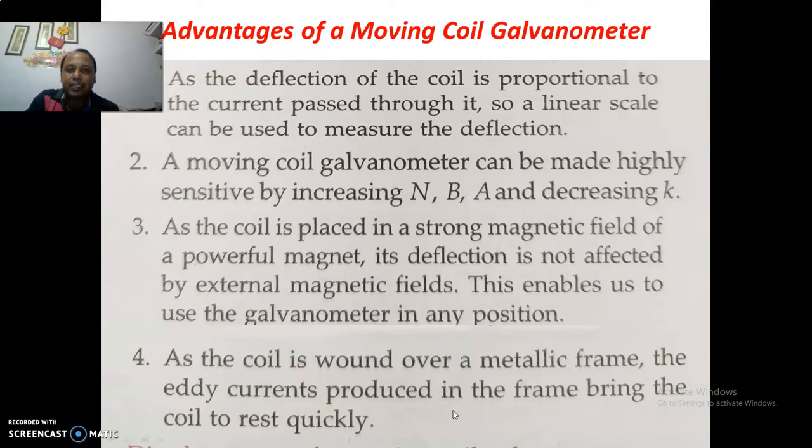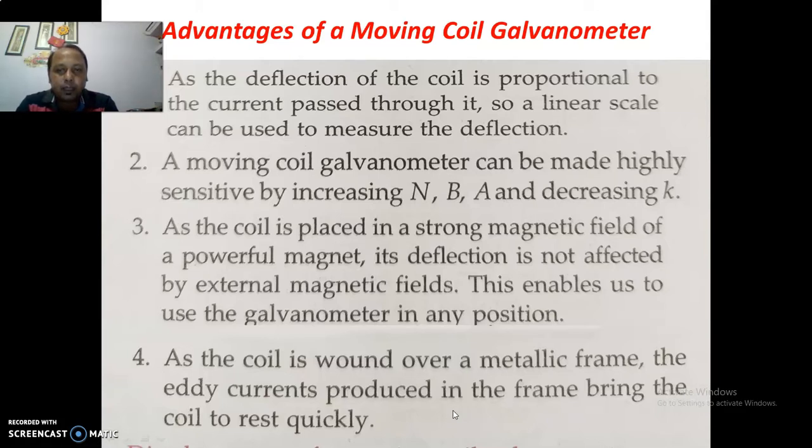So when the magnetic flux changes through a surface, then a current is induced in the surface, and that circulating current is known as eddy current, which opposes the cause which produces it. That means, suppose you take a metal, and if you change the magnetic flux in that metal, a current will be induced in the surface of the metal, which will oppose the cause which produces it.